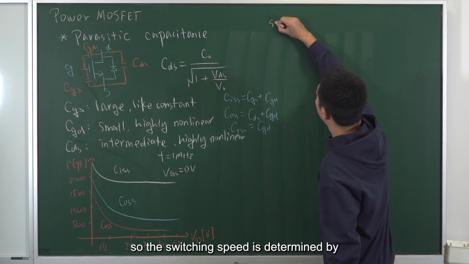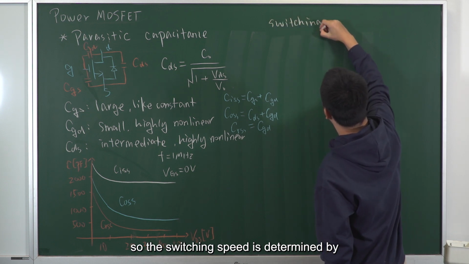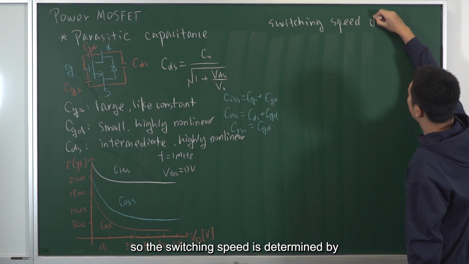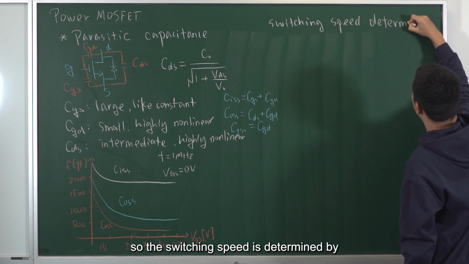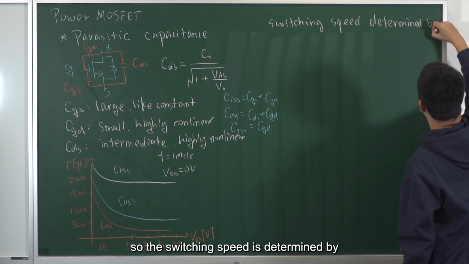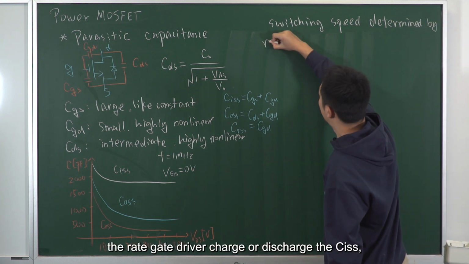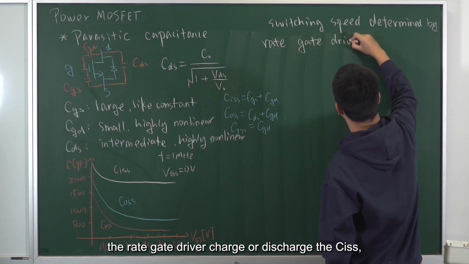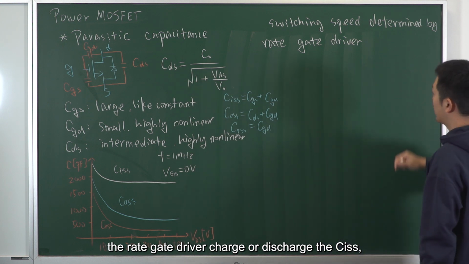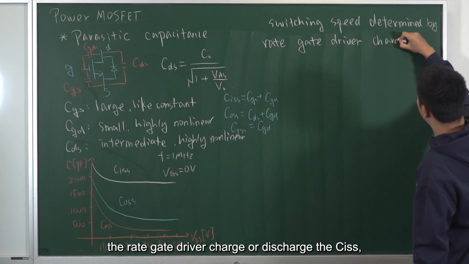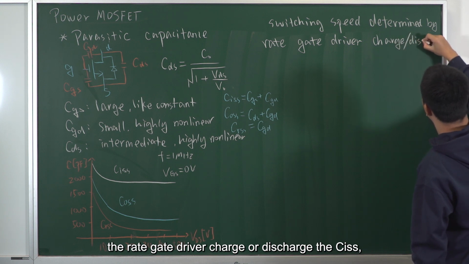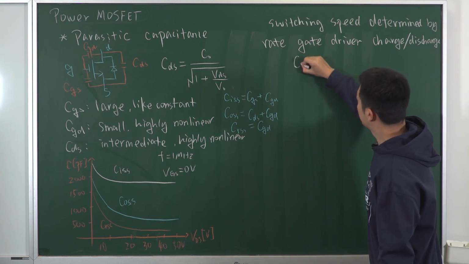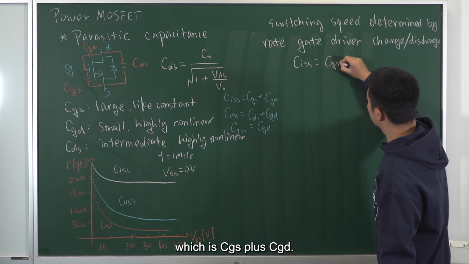The switching speed is determined by the rate at which the gate driver charges or discharges the CISS, which is CGS plus CGD.